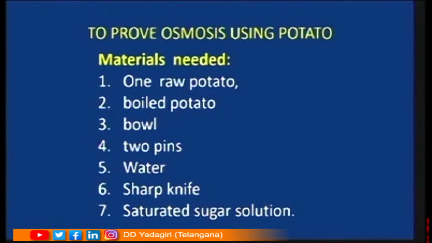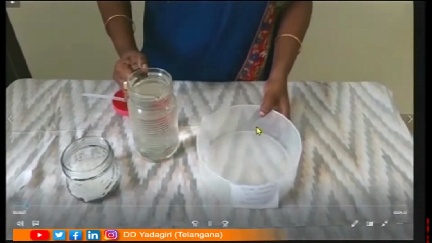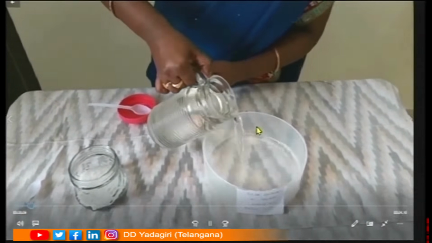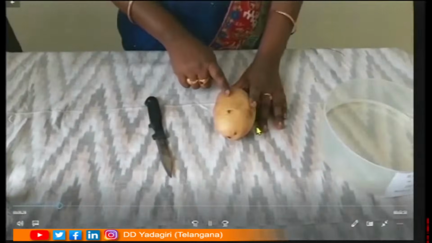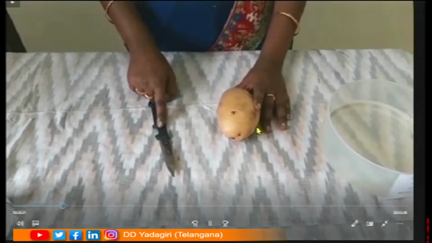Children, let's do some activity to observe the process of osmosis in the potato cup. Now pour sugar solution into the trough. Let's make the potato cup. Take a potato and a knife.